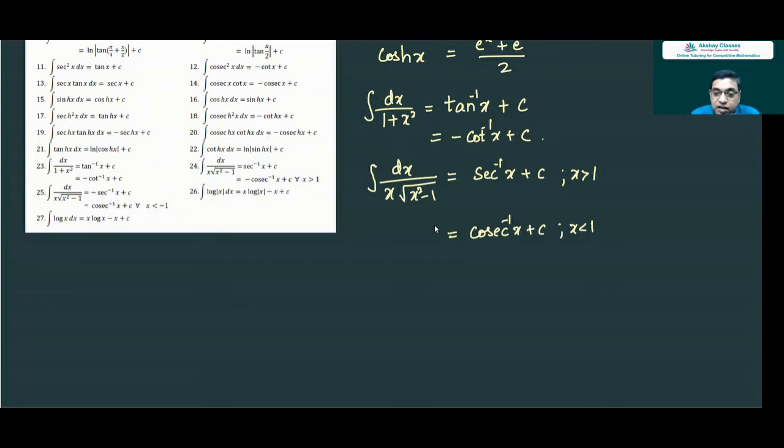I'm sorry, x is greater than 1 and x is less than -1, because the secant and cosecant functions lie outside of -1 and 1. So accordingly, their inverses will also follow this. For secant inverse, the derivative is always positive, and for cosecant inverse, the derivative is always negative. You can check the graphs, go back to your basic books and check.